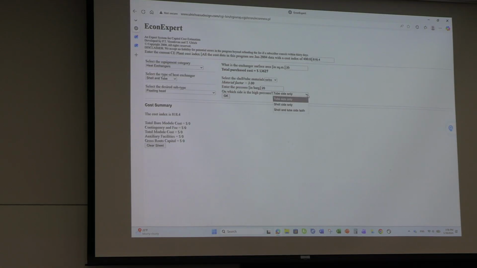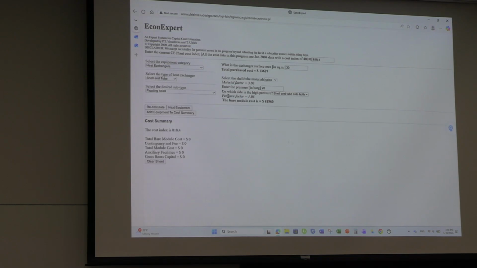Higher pressure, both sides. Okay. This is the cost, $21,960. What do you mean by Bell module cost? I will explain the concept of Bell module in a minute.